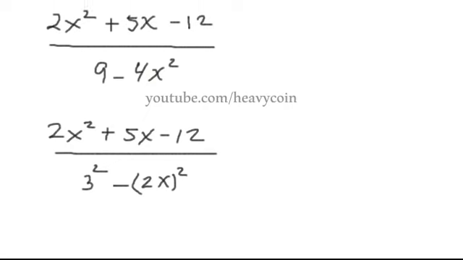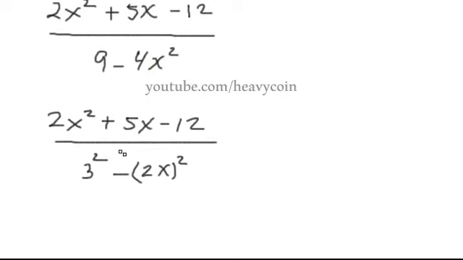Now what I'm going to do here is go ahead and factor out a negative out of here. And of course there's always reasons for everything. Let me just go ahead and write it over here. We have 2x squared plus 5x minus 12.